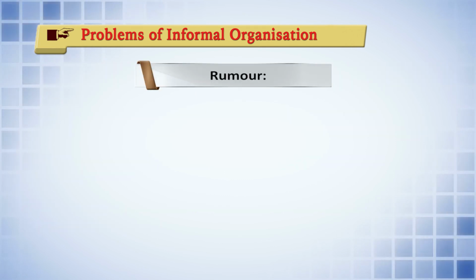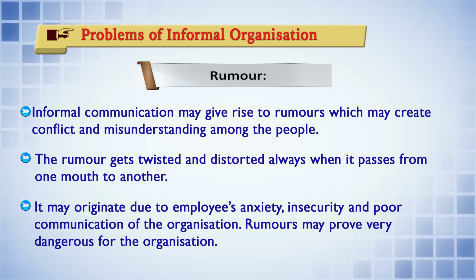Next is rumor. Obviously, as you all know, in the informal group there is no formal communication channel. Therefore, rumors may get twisted and distorted, and they really spread very fast. Rumors may prove very dangerous for the organization. Next is role conflict.